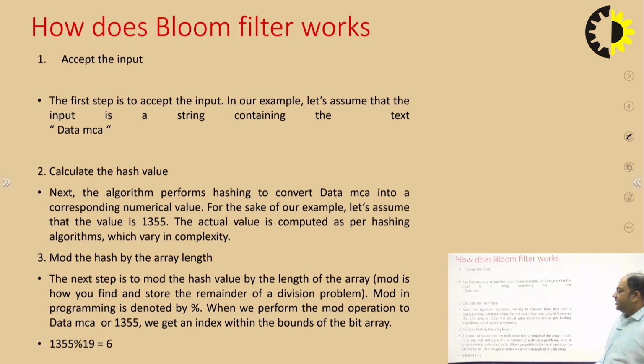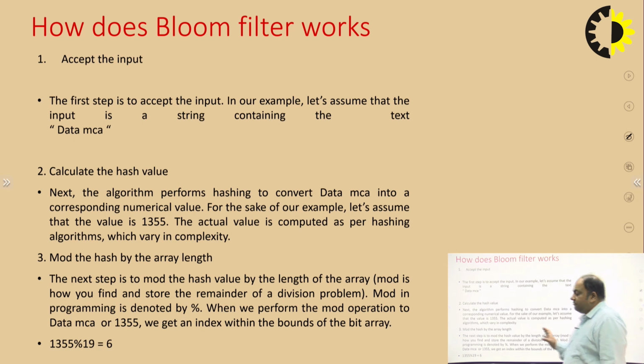After calculating the hash value, we try to find out the array index. How? We take the mod of the hash value by the length of the array, and mod in programming is denoted by %. When we perform the mod operation on the data MCA hash 1355, we get an index within the boundaries of the bit array.